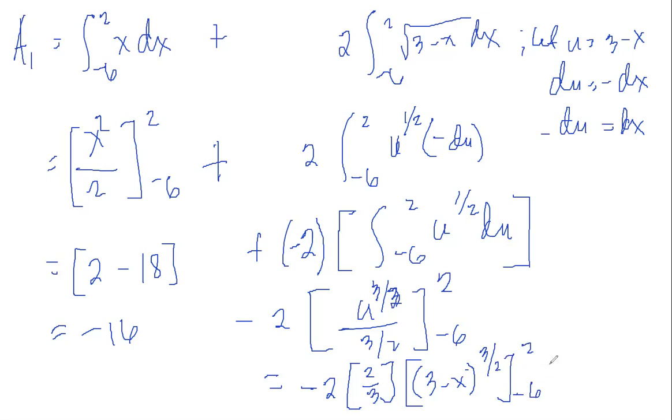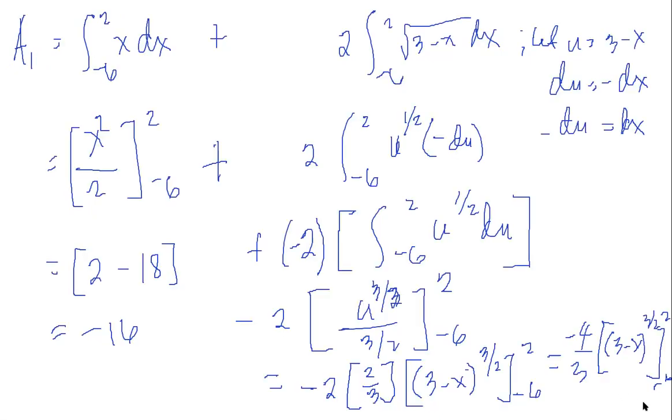So let's simplify this. This becomes negative 4/3 times 3 minus x raised to 3 halves from negative 6 to 2. Okay, since we don't have space, let's use another space. Let's simplify the second term.